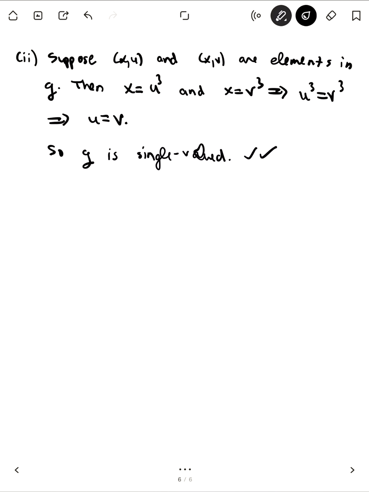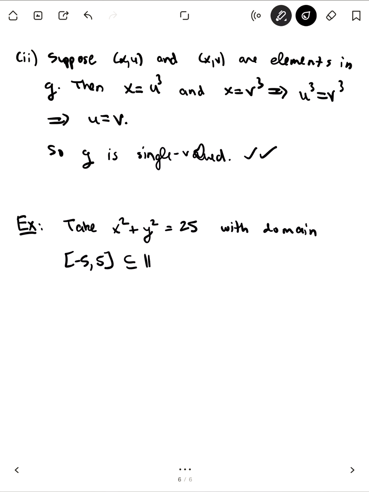So for example, take x squared plus y squared equals 25, with domain -5 to 5, a subset of the real numbers.